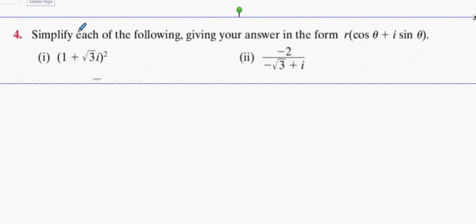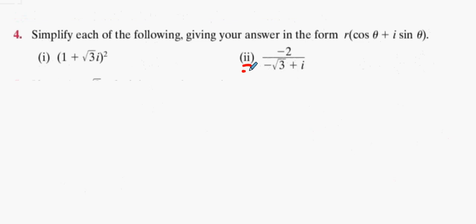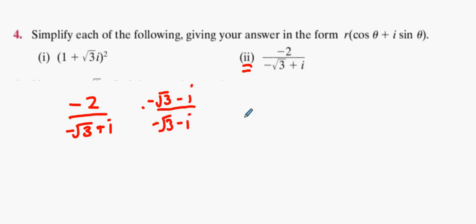Which part 4 do you want me to do? 4 part 2, was it? Now, 4 part 2, you have to multiply top and bottom by the conjugate. So, Connor, what's the conjugate of this? Root 3 minus i. Okay. Multiply it in, what do we get? 2 root 3 plus 2i.